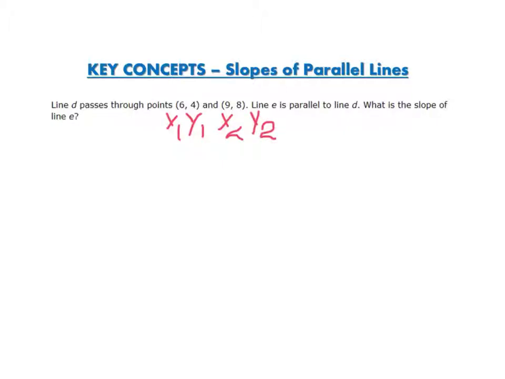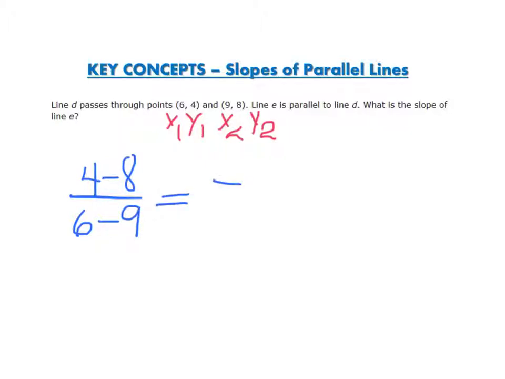So we're going to start with our y values because that is our numerator, and we're going to do 4 minus 8, and on the x values we're going to do 6 minus 9.